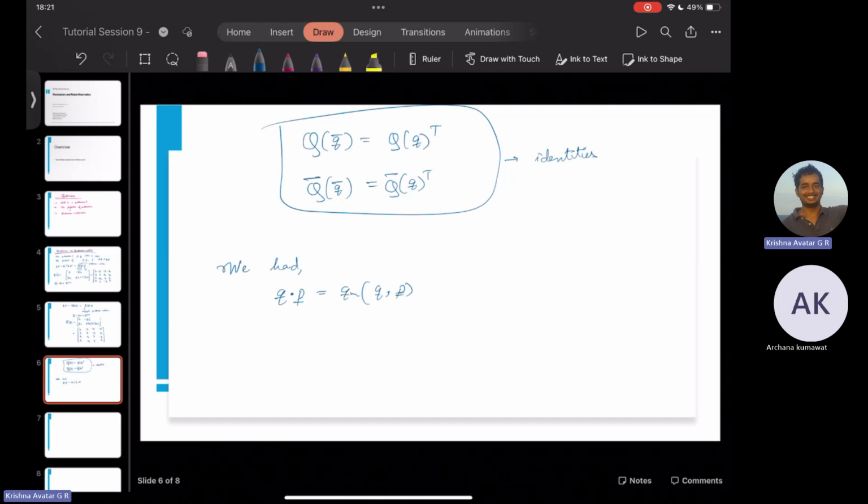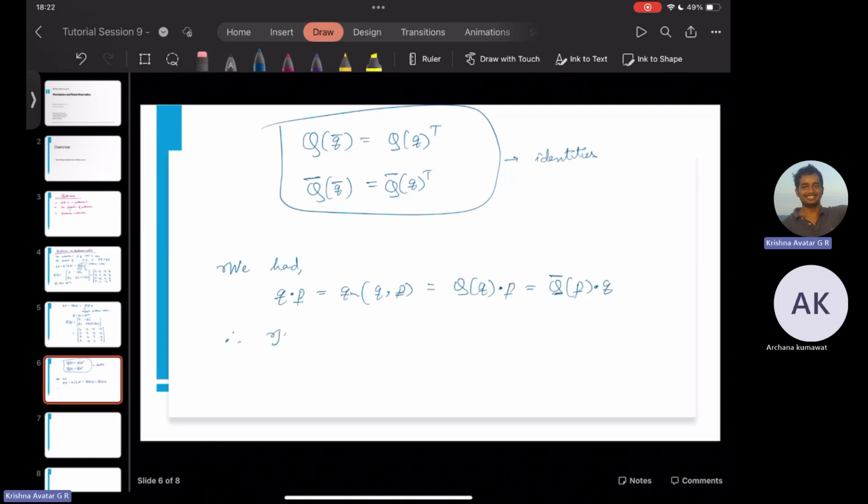So this was our one such multiplication, and this could be written as q of q vector dot p is equal to q of q conjugate of p vector dot q vector, right?